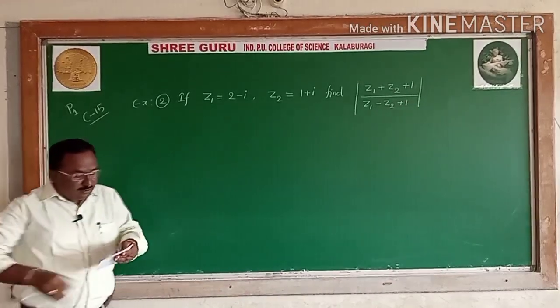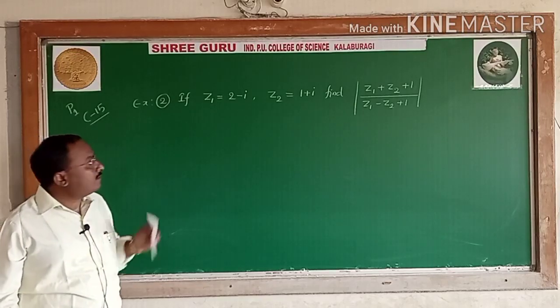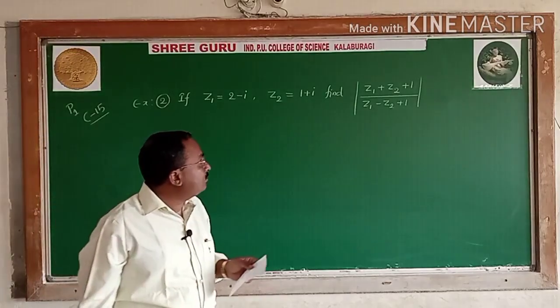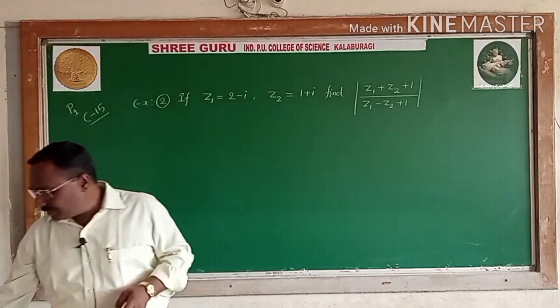This is the question. Z1 is equal to 2 minus i, Z2 is equal to 1 plus i. Find Z1 plus Z2 plus 1 divided by Z1 minus Z2 plus 1.